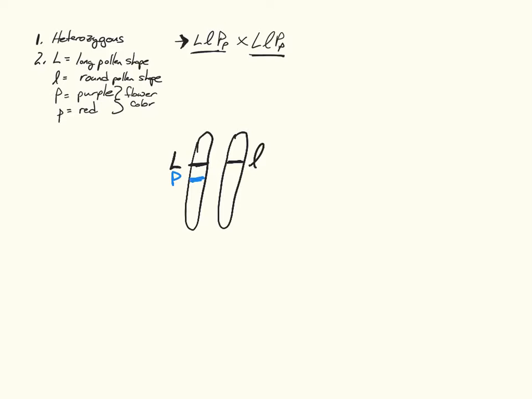Little L and little p. How do I know it's little L and little p? Because both parents are heterozygous. If they have a big L and big P on this chromosome, they have to have a little L and little p on the other chromosome because this is the only place you're going to find it. So just by going through all that work of trying to figure out what a chromosome is and what a gene is, you already have an advantage with this problem. Okay, so that was important to know. So all that was just trying to write down what you know.